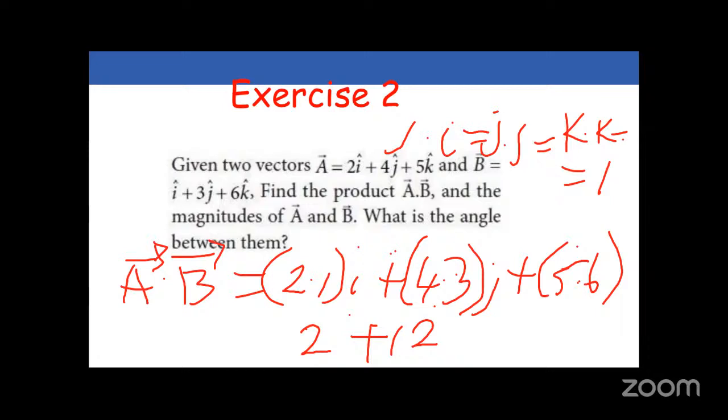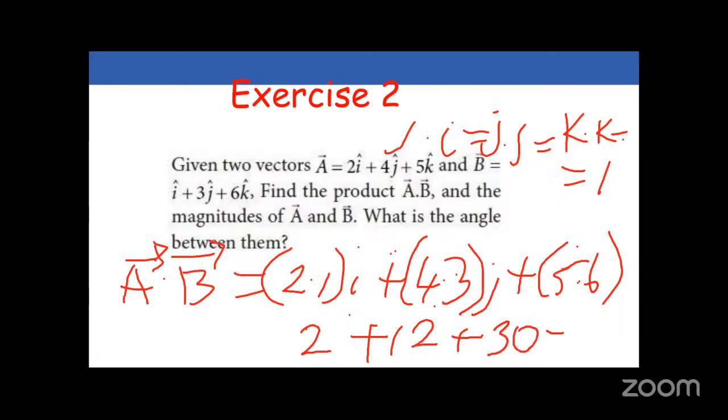Then 4j multiply 3j. The jj multiplying gives 1, and 4 multiplying 3 gives 12. And the next one is 5k multiply 6k. kk is 1. 5 times 6 is 30.